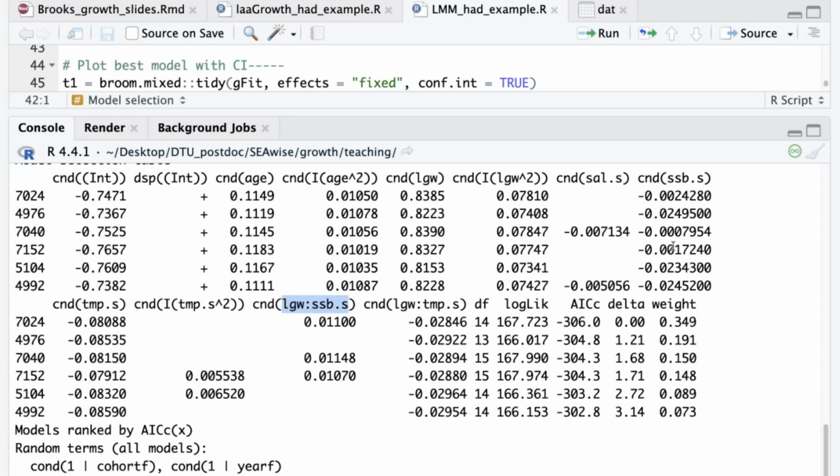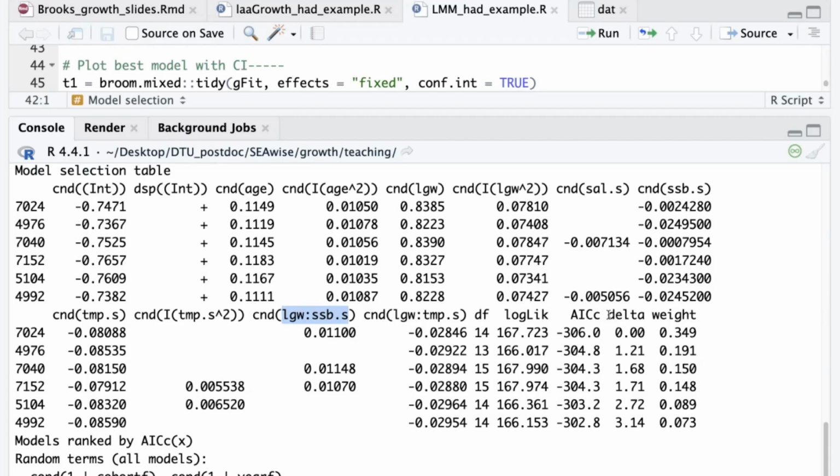But the way the AIC table is set up is using the delta AICC. And of course, the top model is the one that you're using as a reference to calculate the delta AICC, and so it always has 0. And then the models are organized so they're worse and worse, but none of these models are actually that bad. That's not a lot of delta AIC.